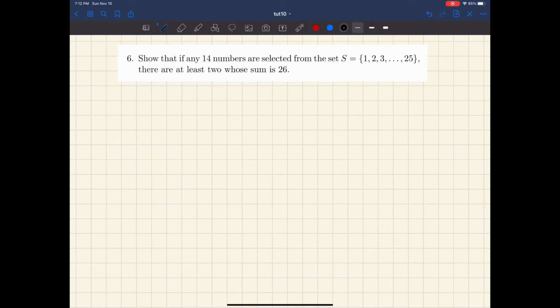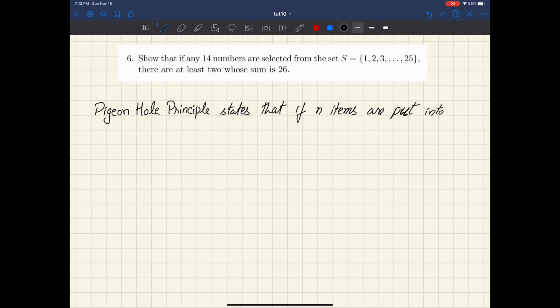Now this is a typical problem of the Pigeonhole Principle, which states that if n items or n pigeons are put into m containers or m pigeonholes, where we know that n is greater than m.